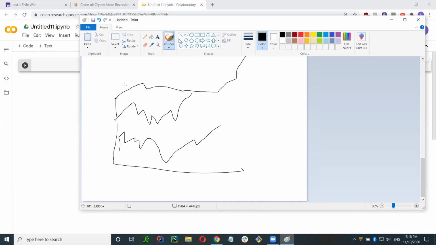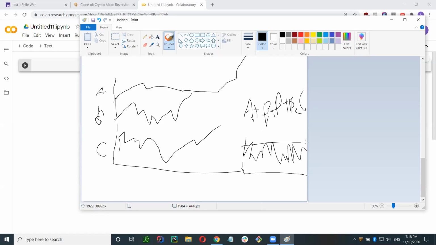However, what happens if we have some A, B, C? What we can do is buy some A, then some beta 1 of B, and then some beta 2 of C. Then we can try to create a portfolio that looks more like a mean reverting portfolio. So we can buy here.